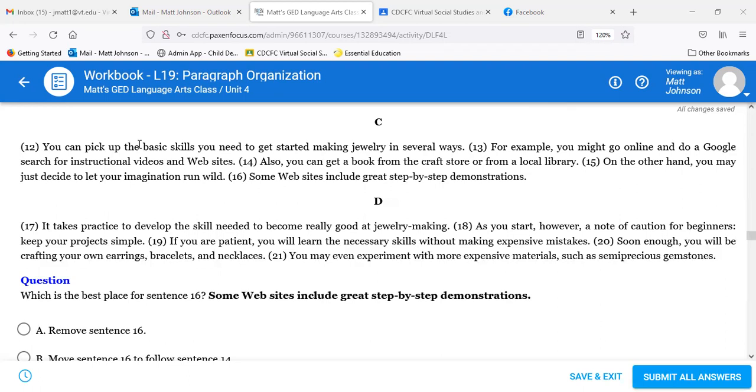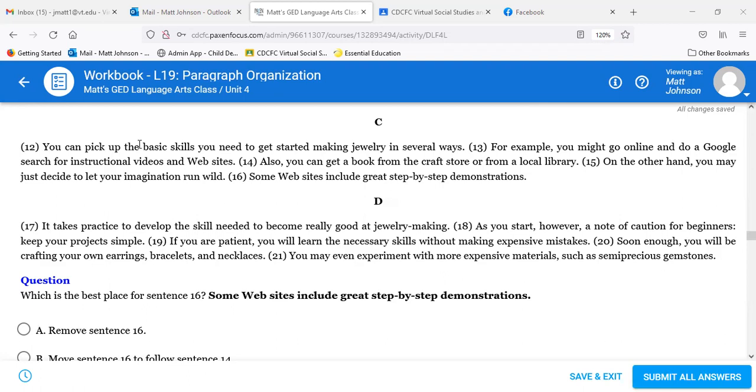So then we start talking about online searches, and then it goes to some websites specifically and that they do step-by-step demonstrations. And then we add additional information. Also, you could get a book from the craft store or from a local library.